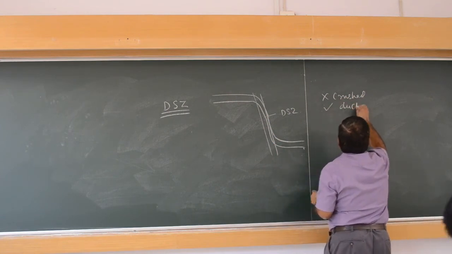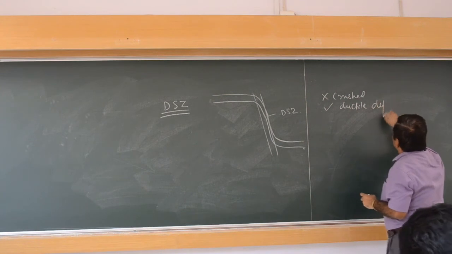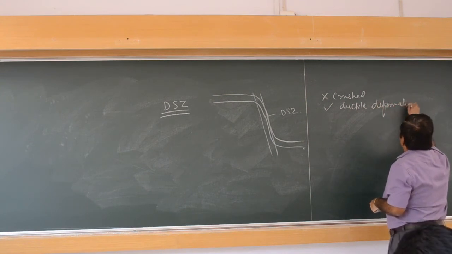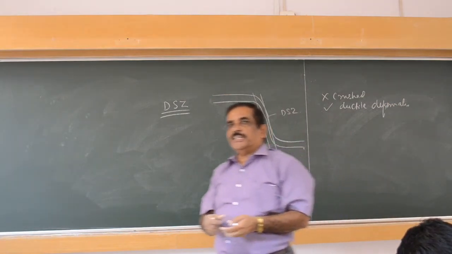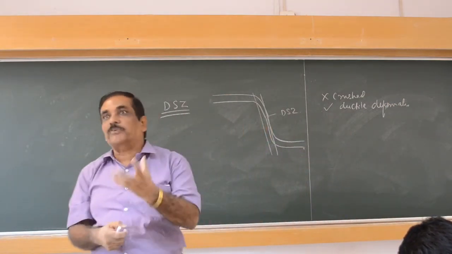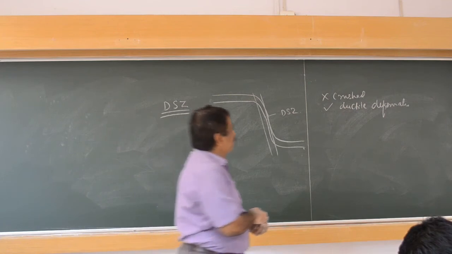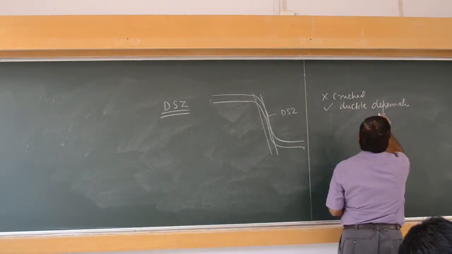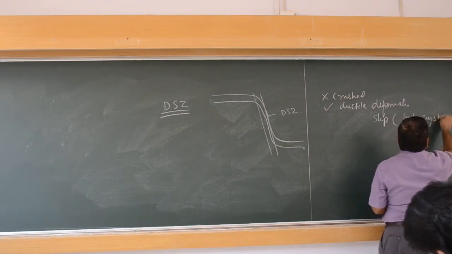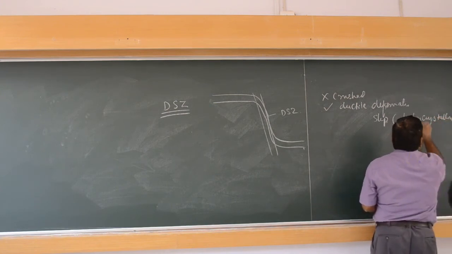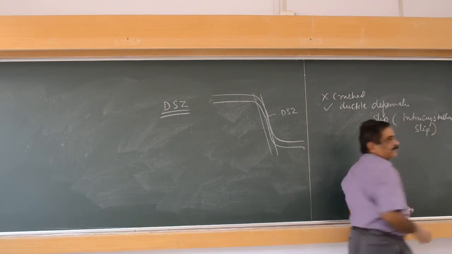Ductile deformation has taken place. There won't be any angular fragments because the material is in a ductile, soft condition. So the deformation will be by slip, or you can say intracrystalline slip. Intracrystalline. You have read earlier about slip planes.